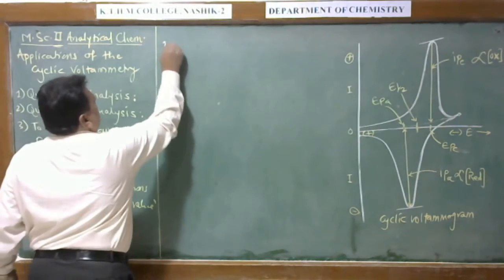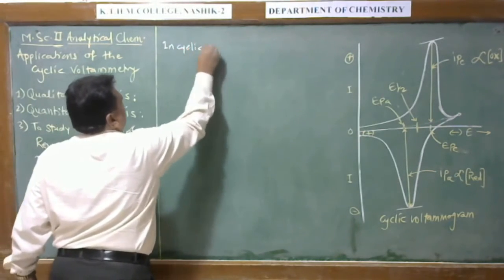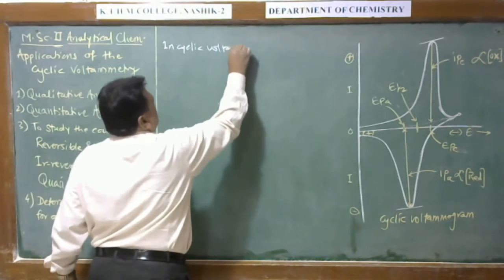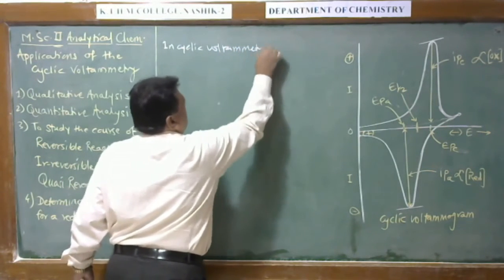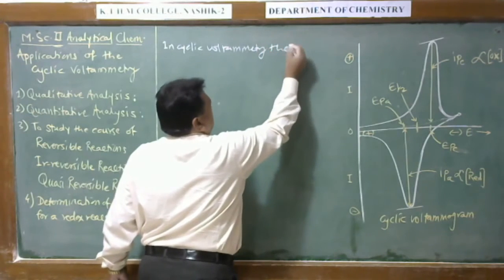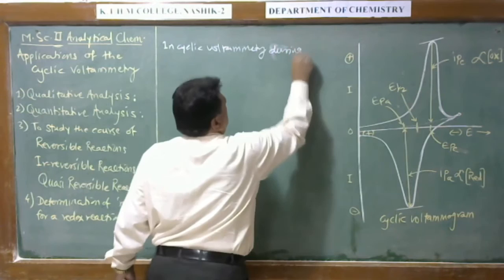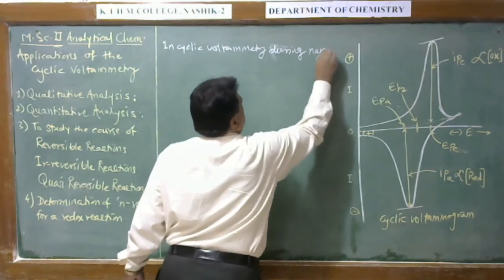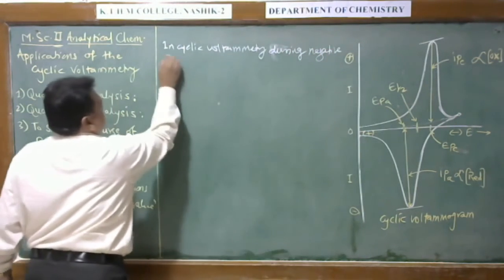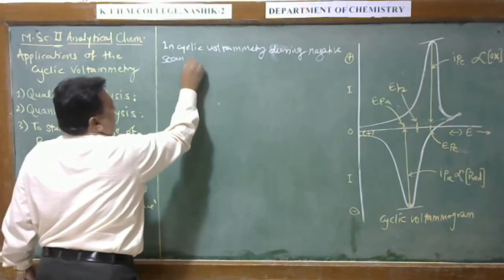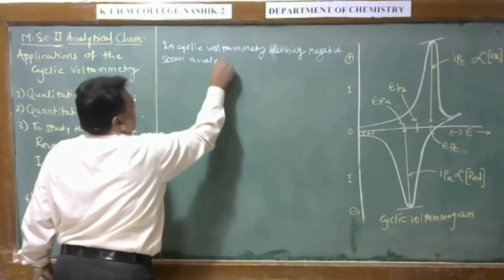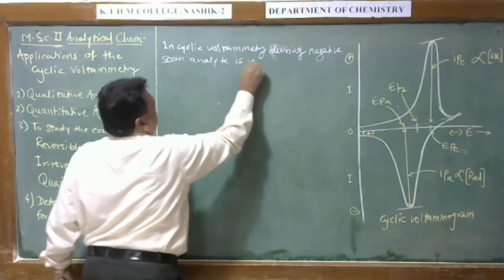In cyclic voltammetry, during negative scan, analyte is reduced.